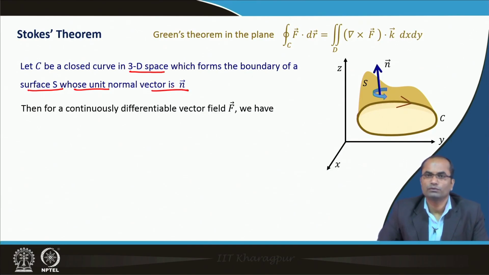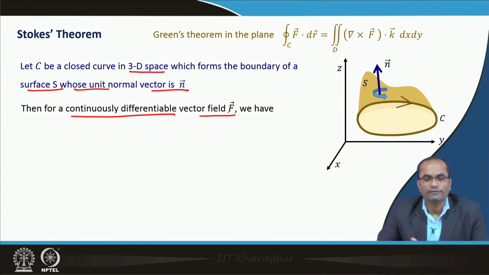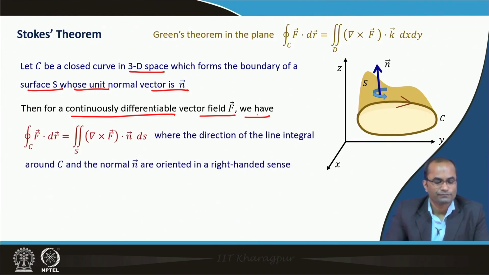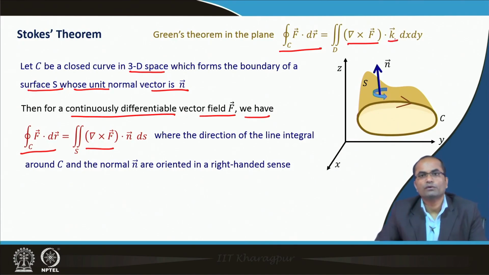Then for a continuously differentiable vector field, now f is also defined for 3 dimensions, the result we have is that the curve integral of f dot dr, the same integral as in Green's theorem, will be equal to an integral with curl f. There also we have curl f, and in Green's theorem the dot product was just with k, and k was the unit normal to the plane x y.